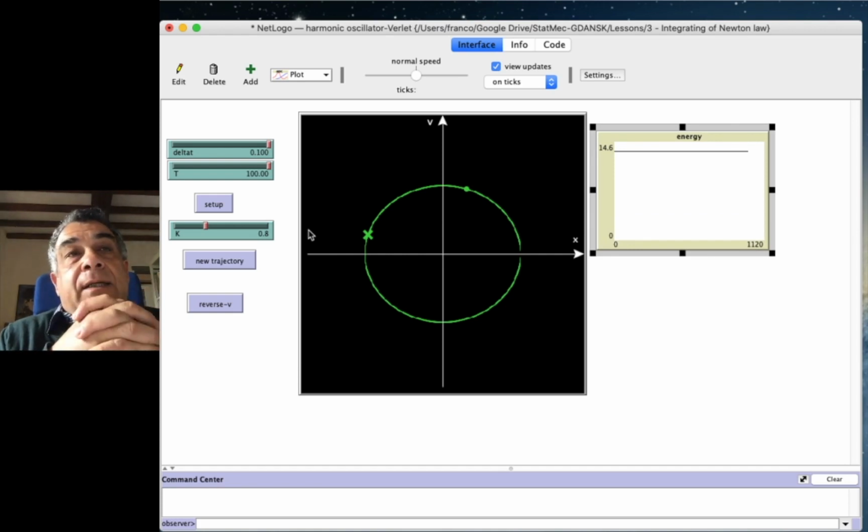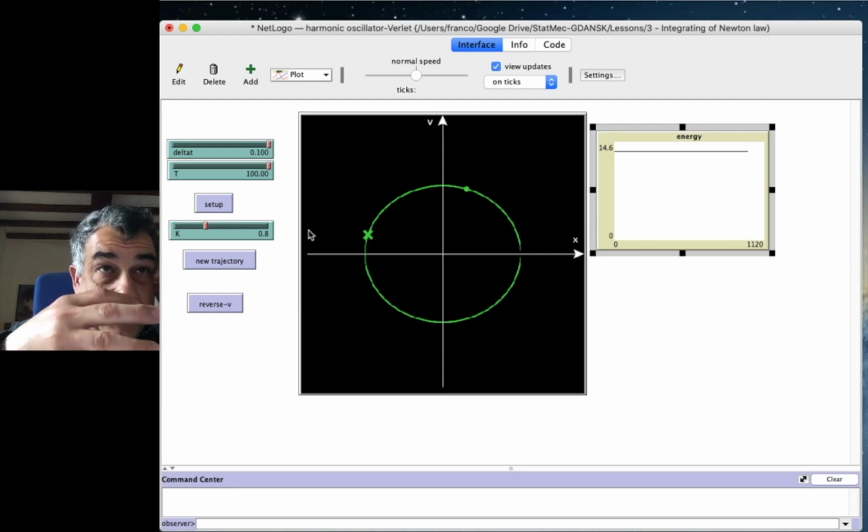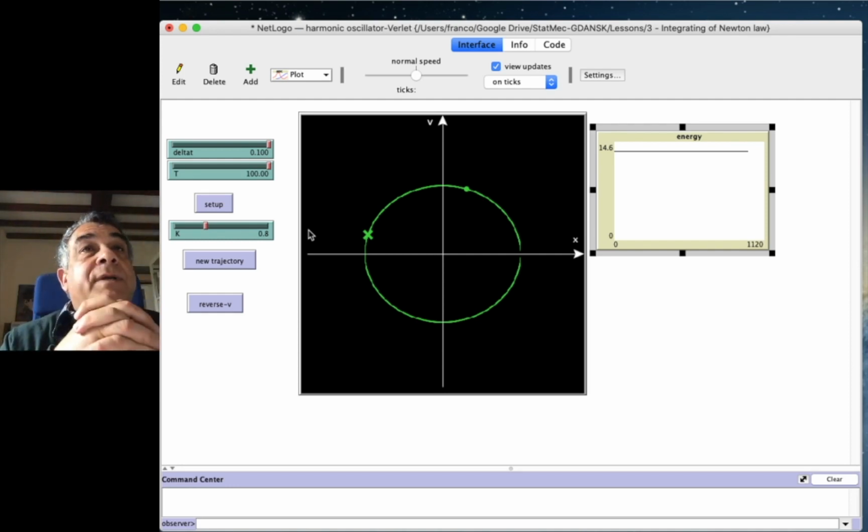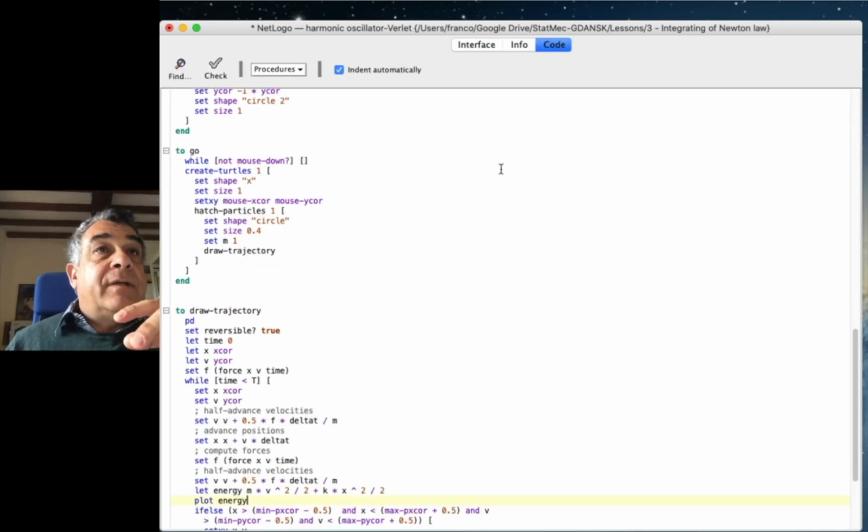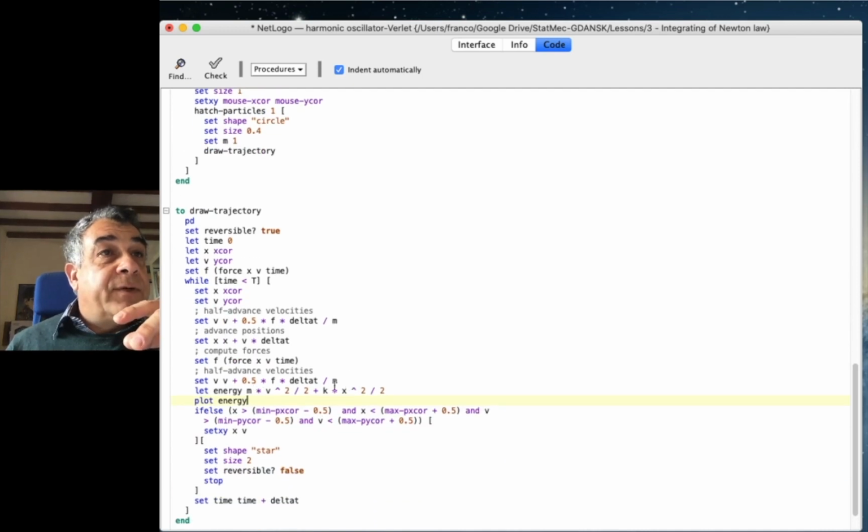Clearly I paid the price that I now have to use a more complex code, but actually I'm only computing the forces once per time step, so it is a good compromise.